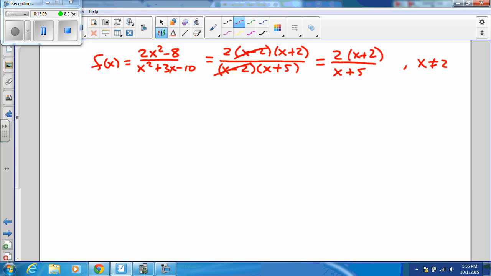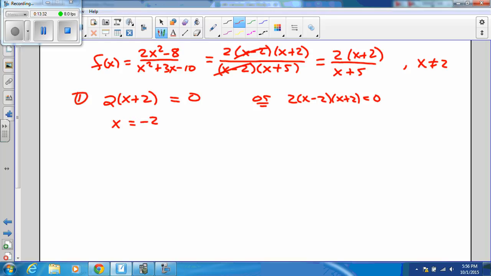And the reason I find it most convenient is that it allows me to avoid a mistake that several of you made. The zeros are going to occur when my numerator is equal to 0. So I gave 1 point for setting the numerator equal to 0, either in the original or in the reduced fraction.